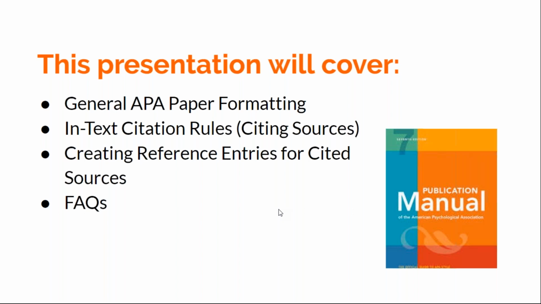So when you use a source within your paper, you also want to have a reference entry that corresponds. So we'll talk about how to format those. And then I'll cover some frequently asked questions that I encounter from my students.